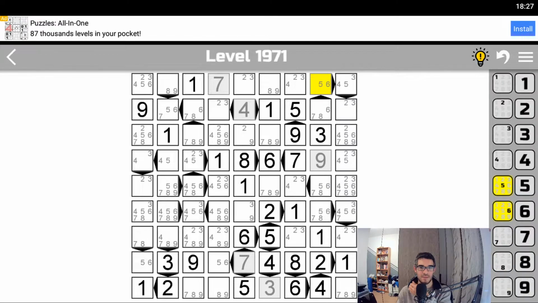Again, 5, 6. 5 though here. If this wouldn't be a 5, like if it could be like this, I could have 5, 6 and 5, 6. So I could cancel all these 2, 3, 4 right here. Yeah, I could do something, but I can't because there is a 5 there.